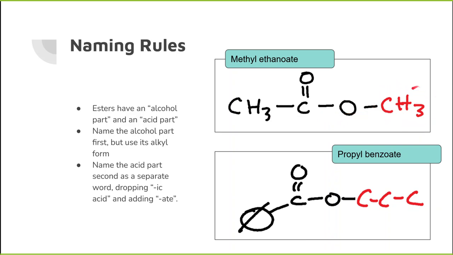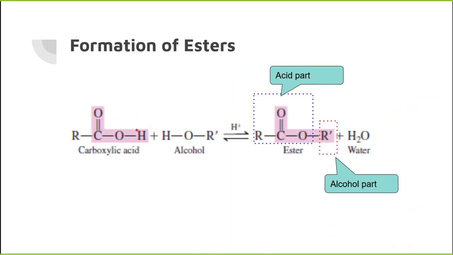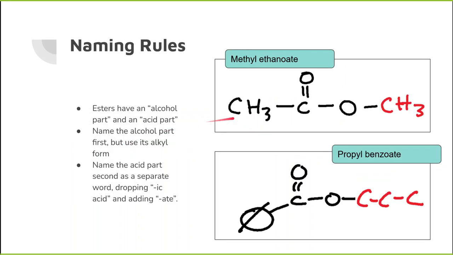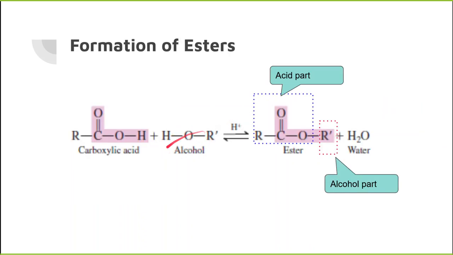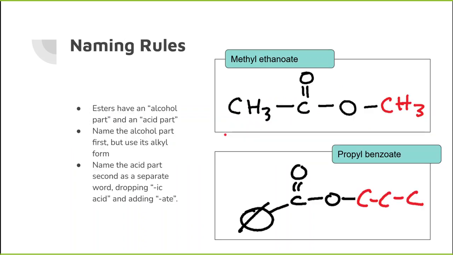So you take this and you call it methyl. That's the alkyl form of that. And then you've got two carbons here. So this is ethanoate. The ethanoic acid would have been the carboxylic acid form of this, right? That's right here. So this would be ethanoic acid, and this would have been methanol with just a CH3 here. And so now you get methyl ethanoic acid. I'm sorry, ethanoate.